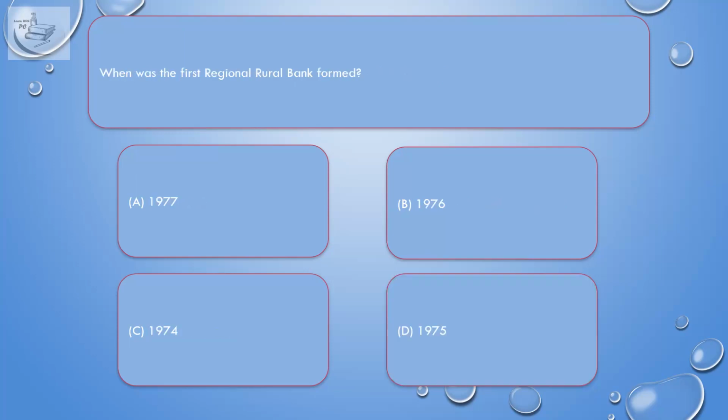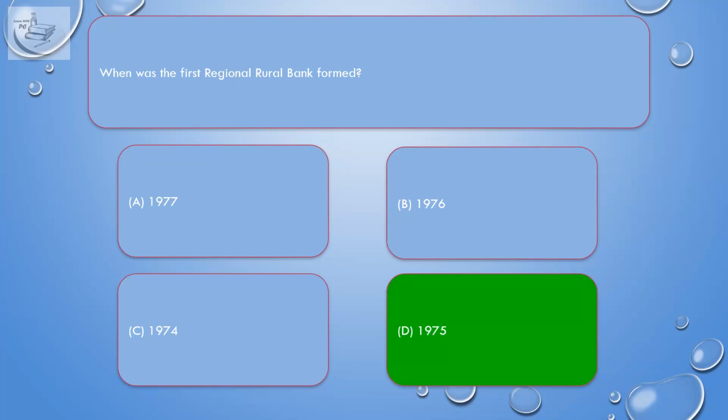Question: when was the first regional rural bank formed? A. 1977. B. 1976. C. 1974. D. 1975. Correct answer is D. 1975.